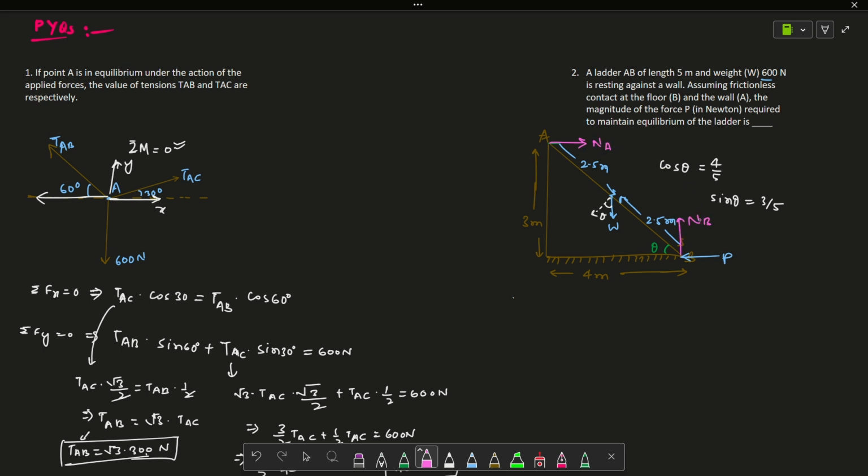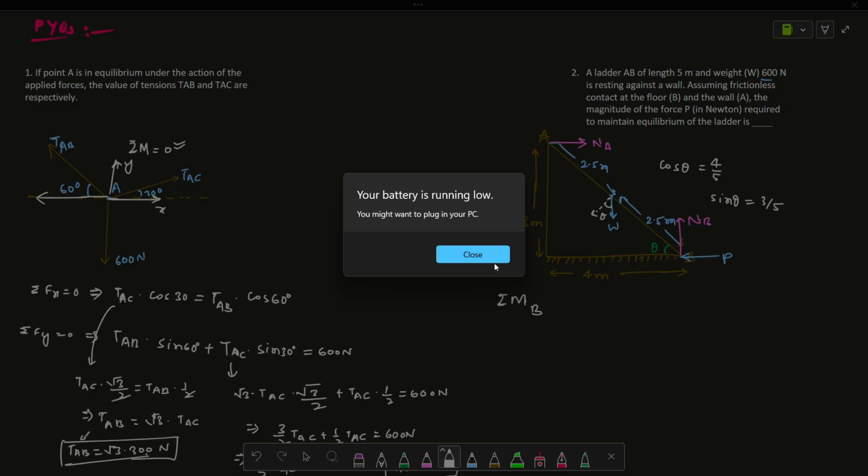So the magnitude of force required to maintain the equilibrium. What we will do is first the moment equation. I am doing it by a very shortcut method because in GATE you don't have too much time to solve this. So we will equate the moment at point B because two forces are acting.